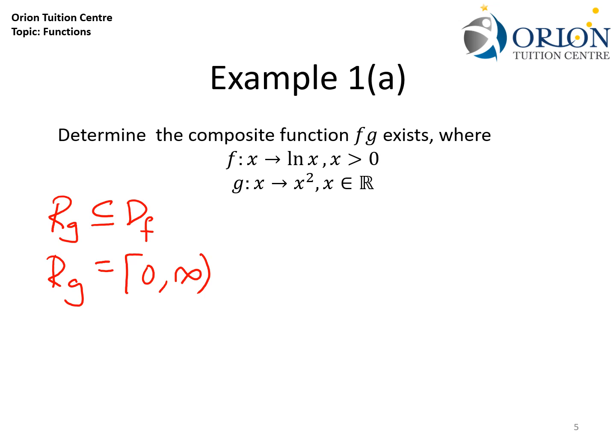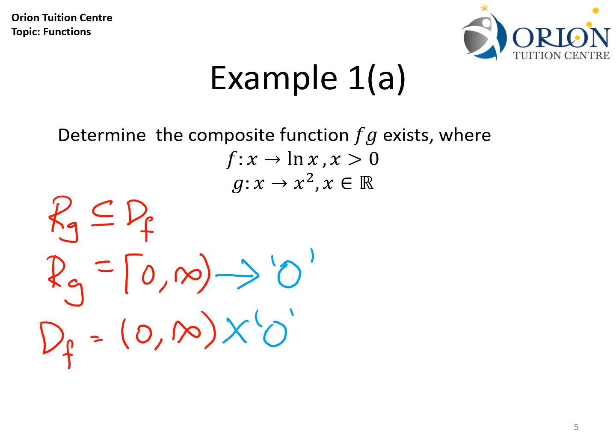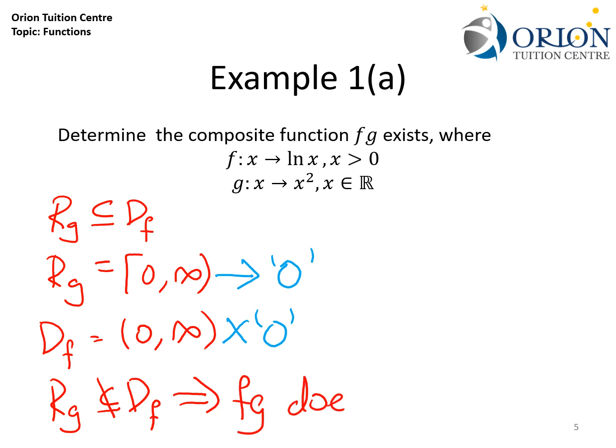And now if we compare the range of g with the domain of f, we can see that the range of g is not going to fit inside the domain of f because over here there is an extra 0 value which is not found in our domain of f. Therefore, we can say that the range of g is not a subset of the domain of f, which means that the composite function fg does not exist.